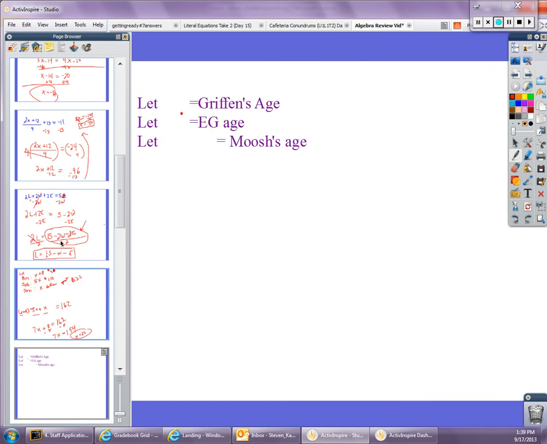The next one, Moosh is 3 times Griffin's age. Eazy is 5 years less than Griffin. So you don't know anything about Griffin. So we're going to say G or x for Griffin. I'll say x, which makes Eazy 5 years less than Griffin, so x minus 5. And Moosh is 3 times Griffin's age, so 3x. And it says together they are 30 years. So if you add up their ages, you should get 30.